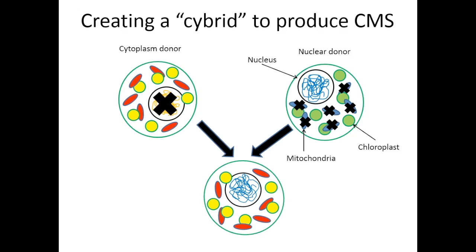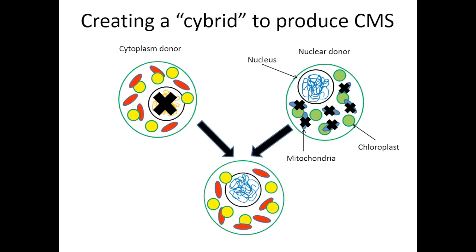So these become non-functional. I should have X'd out the chloroplasts here. Those would also be non-functional. But then when you do your fusion, what you end up with is this nucleus in that cytoplasm. And you would hope that would give you the CMS.